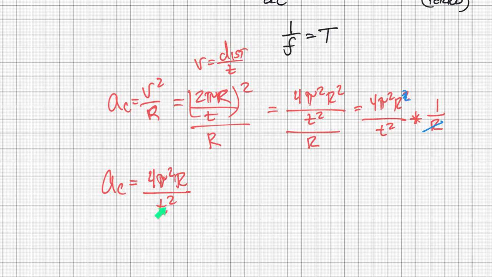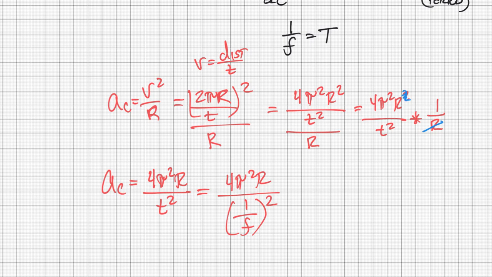So what we know, based on what we showed up here, is that T, or the time it takes for one revolution, right? Distance is 2πR, the time is the period, and so I can then replace this with 4π²R over (1 over f) squared. Because period is 1 over frequency, we can plug 1 over frequency in here for my time, and now that's squared.